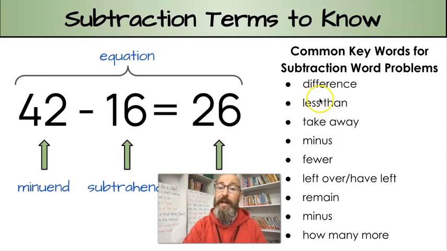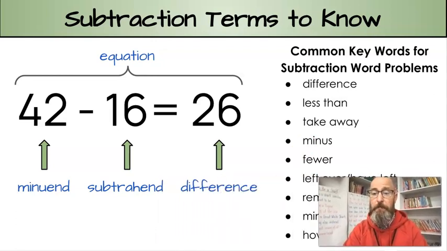We see difference, less than, take away, minus, fewer, left over, have left, or just left, remain, how many more. If you see any of those, it usually means it's time to subtract. I do want to go over those every time we do a subtraction cubes video, just to help us remember.